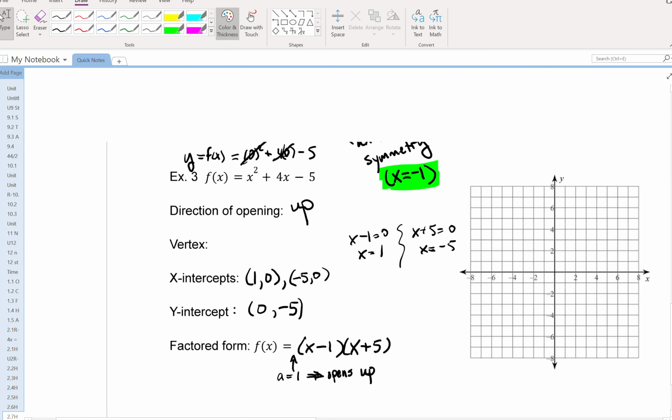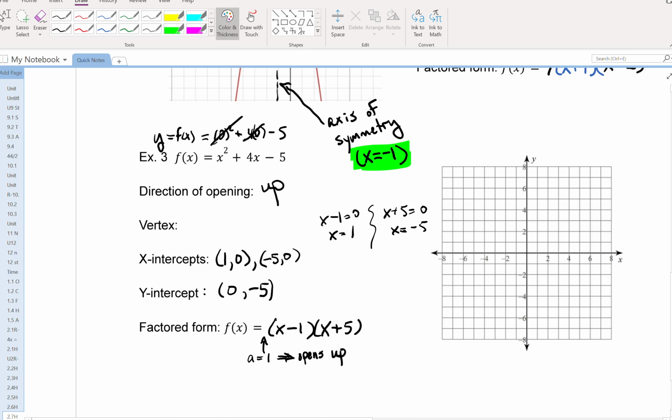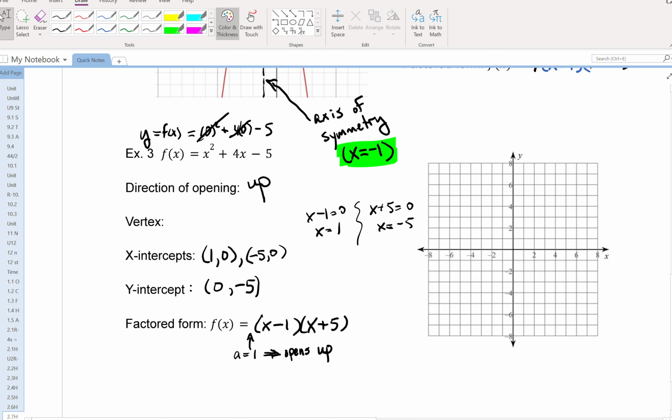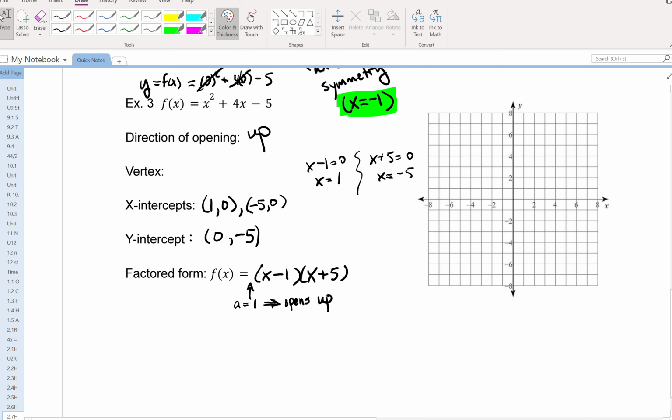The x-intercepts are at 1 and -5. So if I just take 1 plus -5 and divide by 2, that's -4 divided by 2, and that's -2.